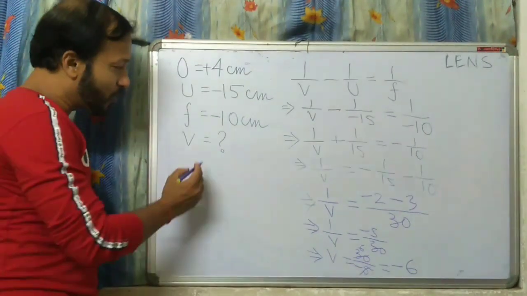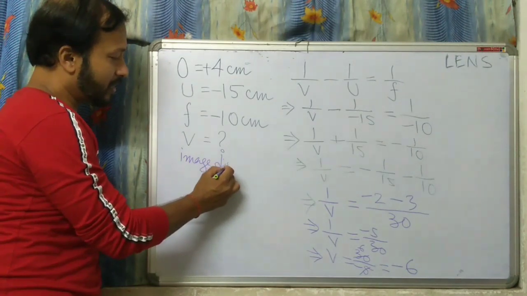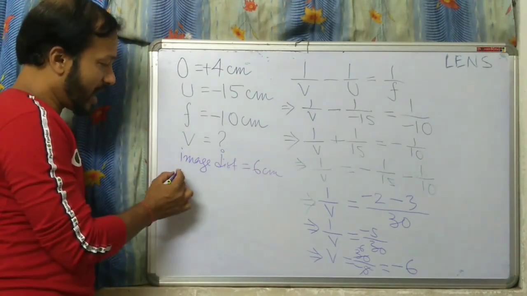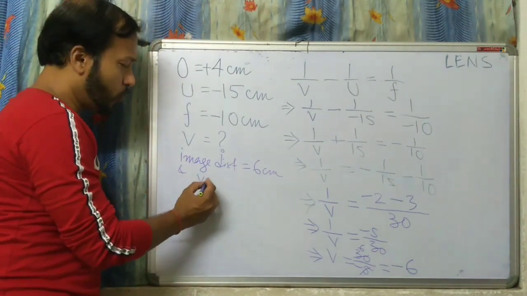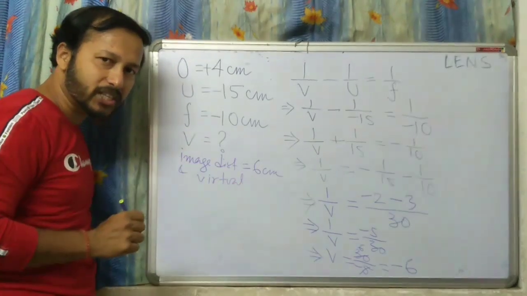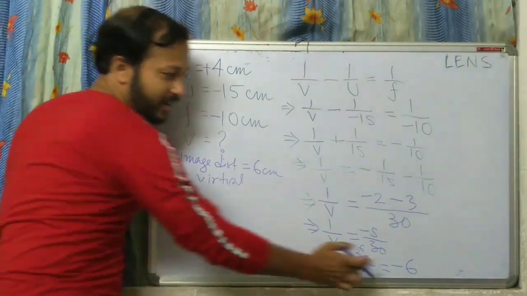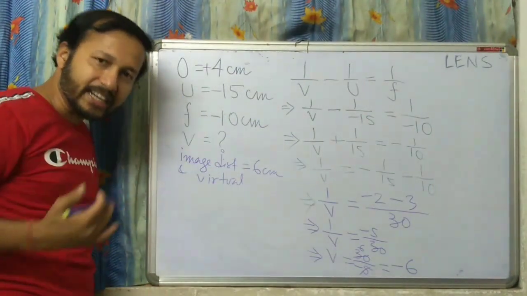So we got image distance equal to 6 centimeter, and it's a virtual image. Why virtual image? Because from that list we know that if V is negative, then it's a virtual image. If V is positive, it's a real image.